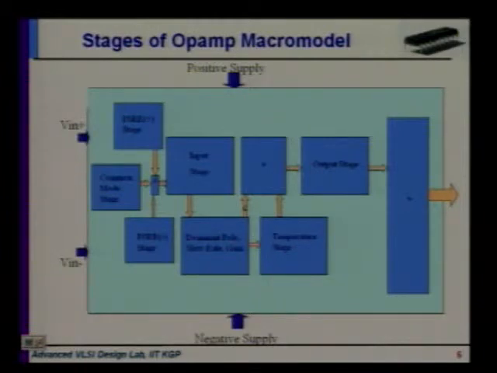Before starting the design, you fix what your requirements are. Suppose your slew rate should be greater than 5 volt per microsecond, your bandwidth should be greater than some value. After the design is complete, you note the specifications. Suppose your slew rate is 5.1 volt per microsecond, and you got your UGB some 3.6 megahertz.